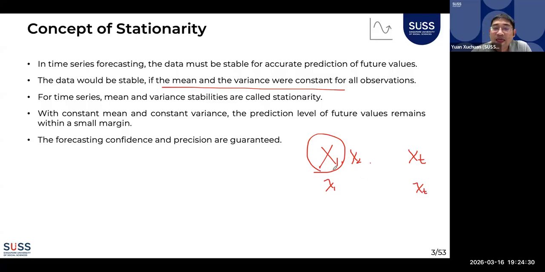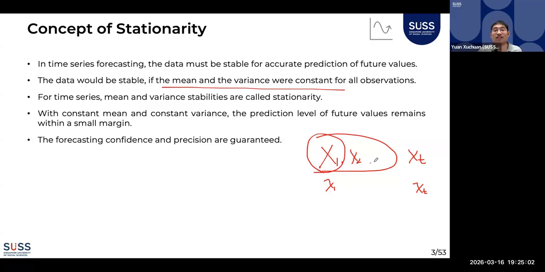So when we discuss the stationarity of time series, the strict stationary requirement is that the joint distribution of a given length of those random variables is the same as if you shift it, for example, x1 to x5 has the same joint distribution as x2 to x6, and so on and so forth.